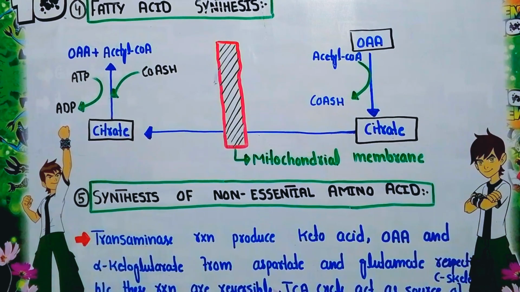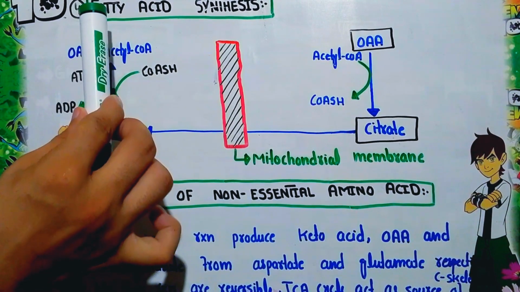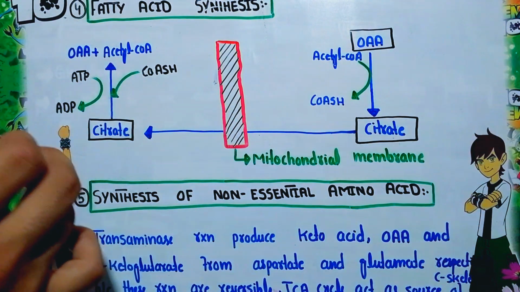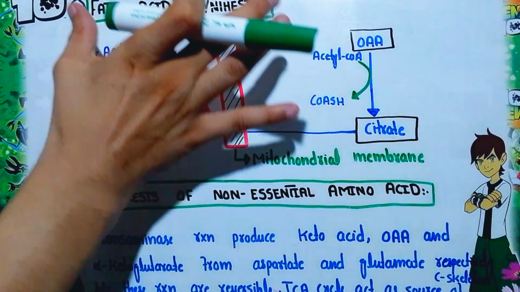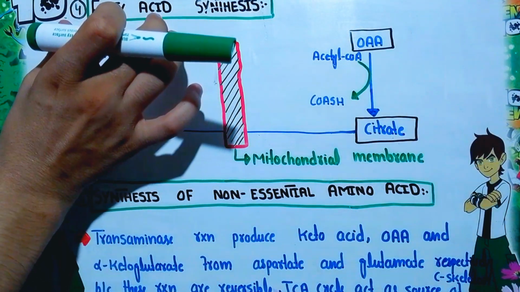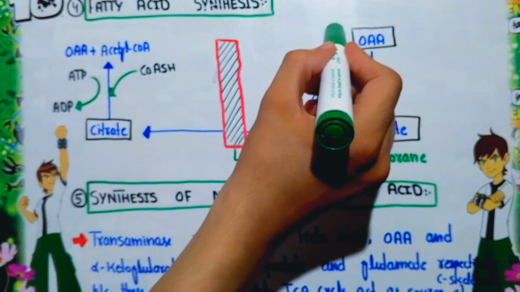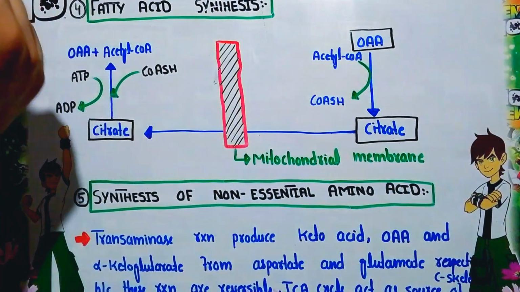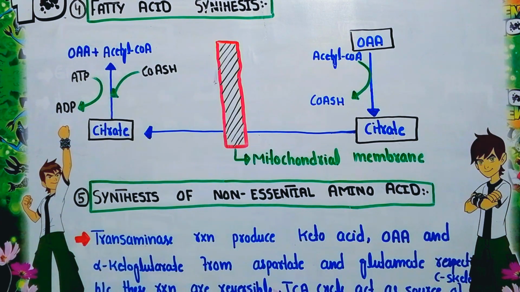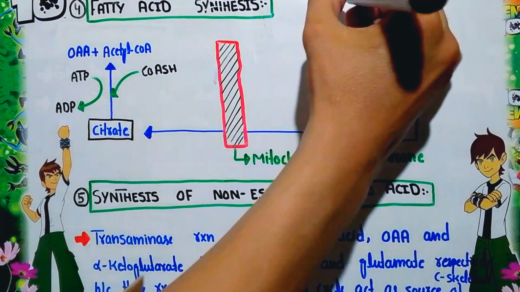Now the fourth best-known example of the synthetic reactions of the Krebs cycle is fatty acid synthesis. As we know, fatty acid synthesis mainly occurs from acetyl coenzyme A. Acetyl coenzyme A is formed in the mitochondrial matrix from pyruvic acid, when the enzyme pyruvate dehydrogenase acts on pyruvic acid.